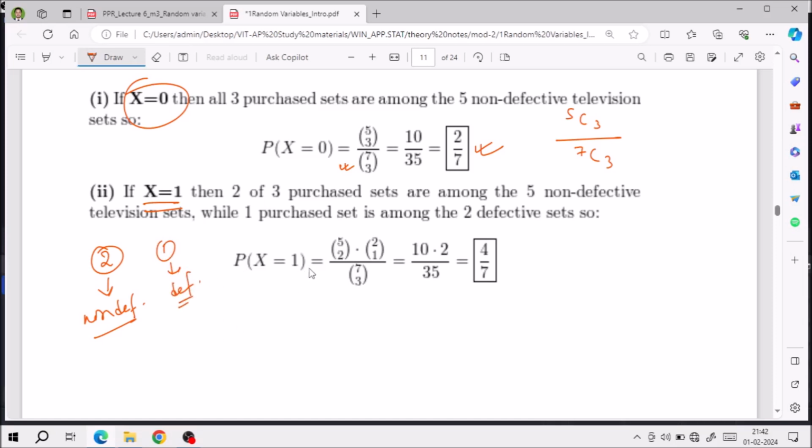Just like our previous treatment, the sample points remain the same because you are choosing 3 from 7 sets. Here 2 non-defective from the total of 5 non-defective, so 5C2 ways, and 1 defective from 2 defective, 2C1 ways. Do the calculation and you get 4 by 7.